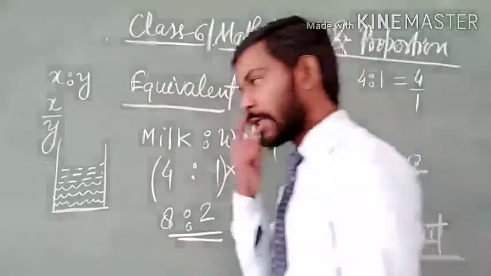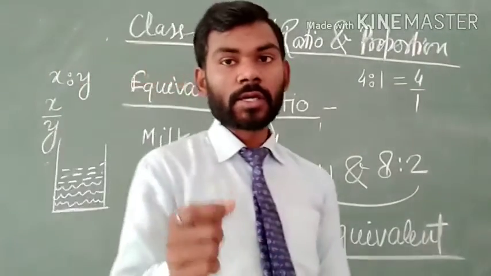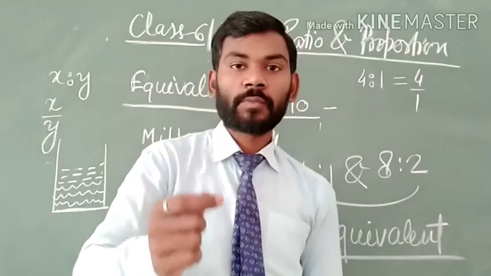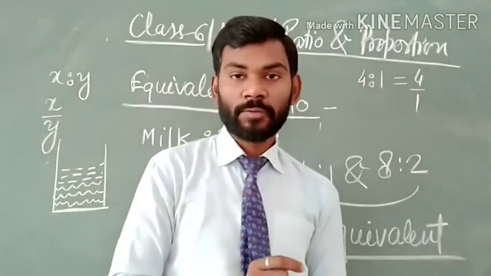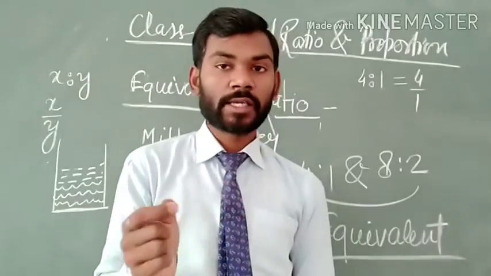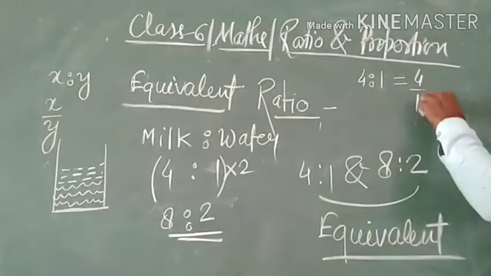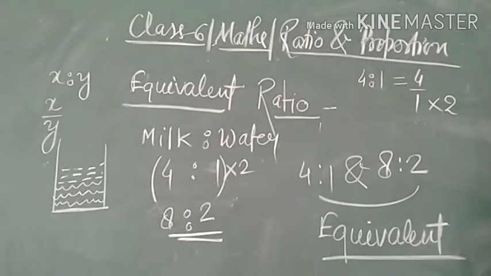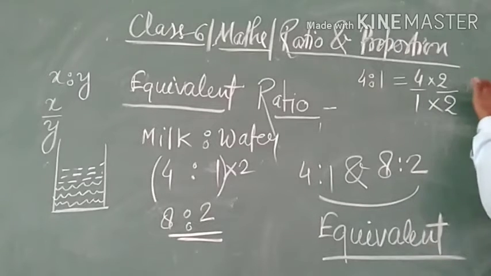And if you multiply the numerator or denominator by any number, you have to multiply the respective denominator or numerator by the same number in order to keep the value of the initial fraction constant. So if I multiply the denominator by 2, we also have to multiply the numerator by 2, and in the final result we get 8 upon 2.